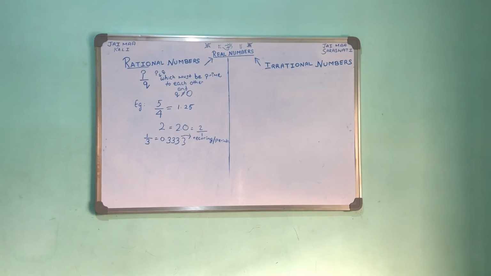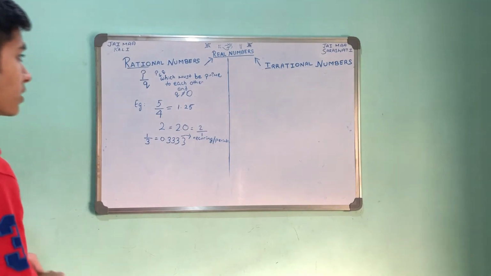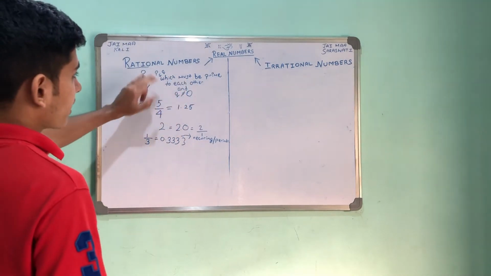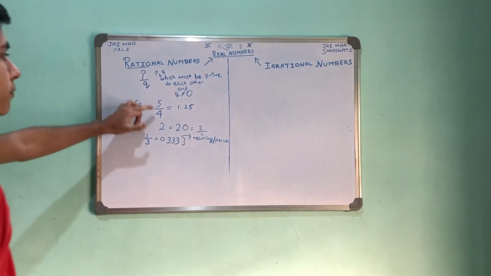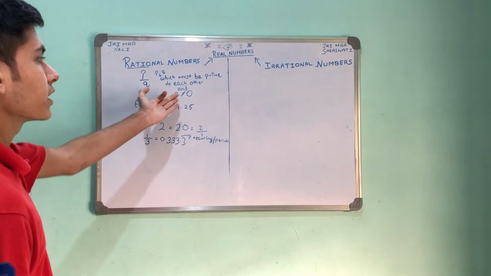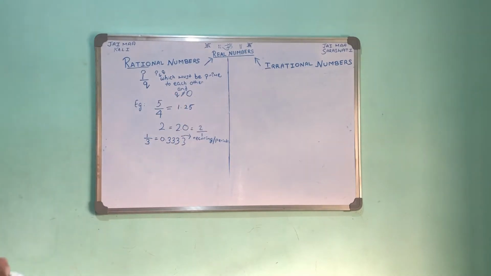So we come to know that rational numbers are those numbers which are in the form of P by Q, where P and Q are numbers and Q is not equal to 0.